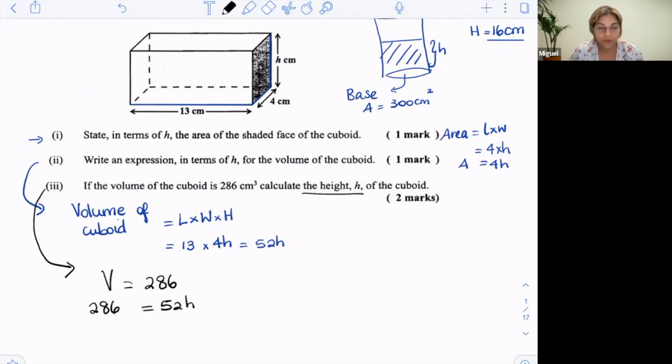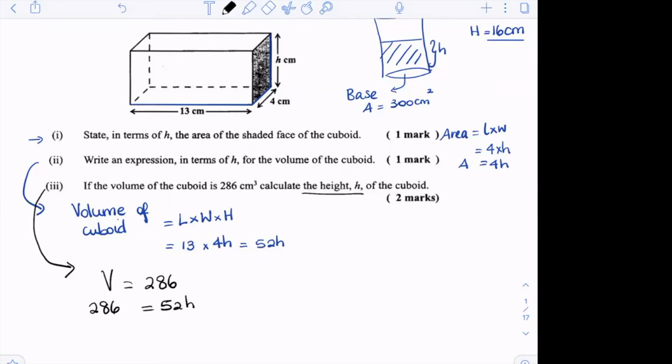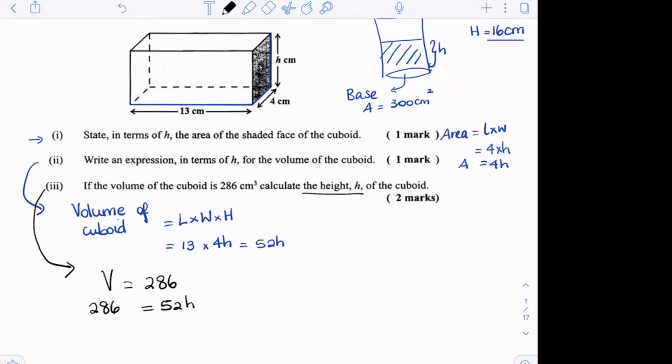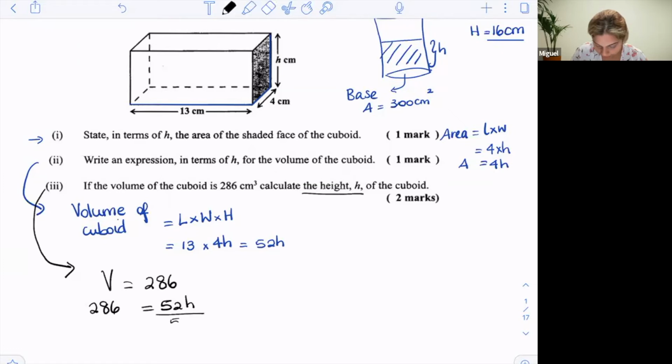All right. So how do we find H? 286 over 52. Why 52 and not a number like 10? What tells you, Rihanna, that it is 52? Because you're using it in terms of H. All right.